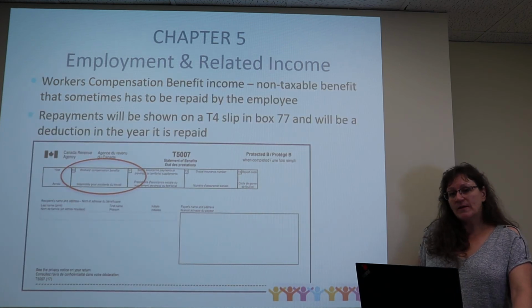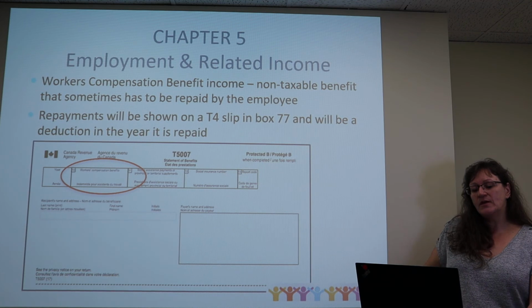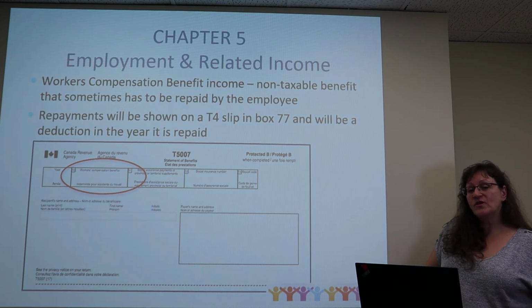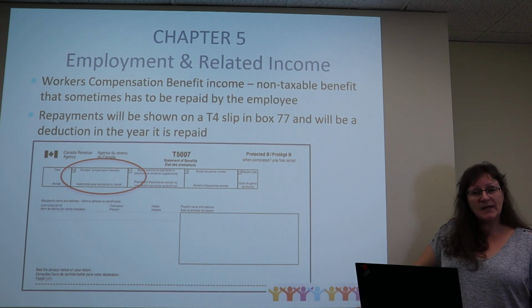We've also already become familiar with the workers' compensation income as stuff that is reported often on a T5007, and so we've gotten used to where we put that. However, in some years, an individual might have received workers' compensation benefits, but had to repay some of those benefits to their employer.